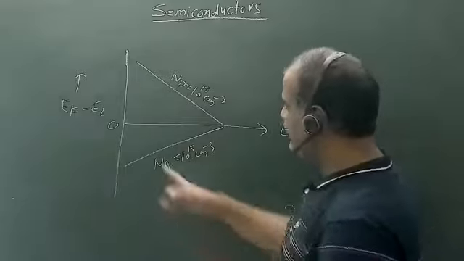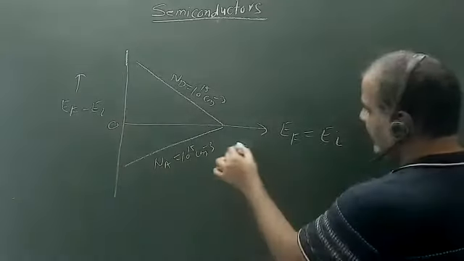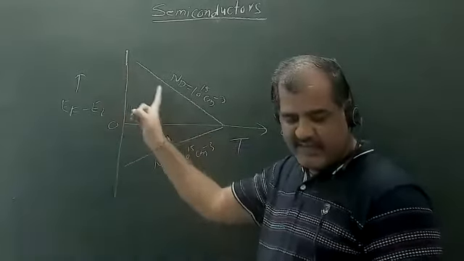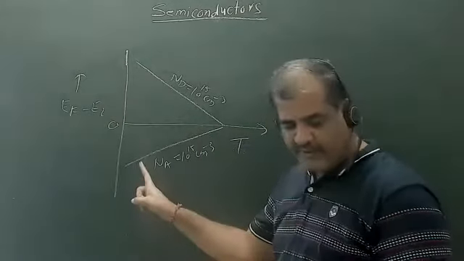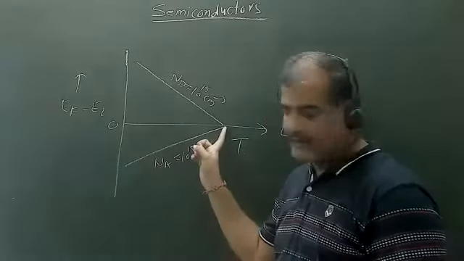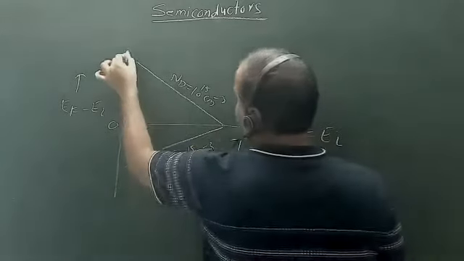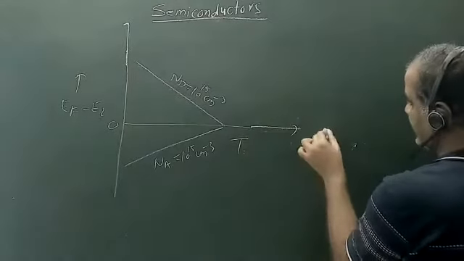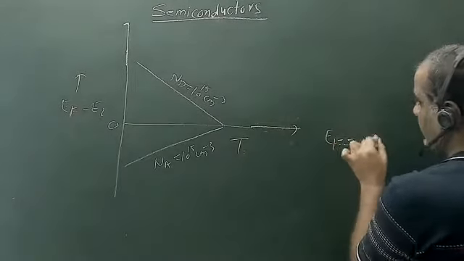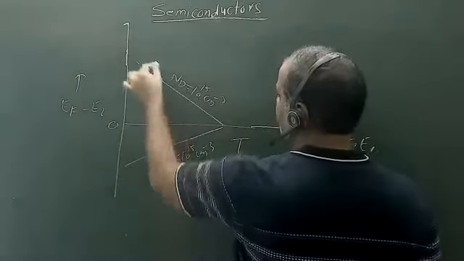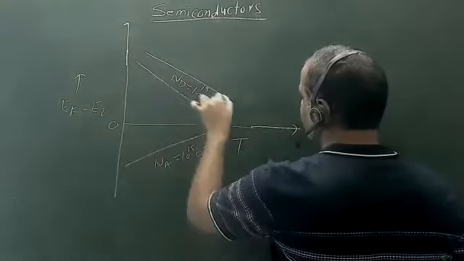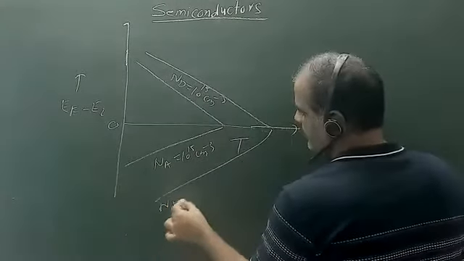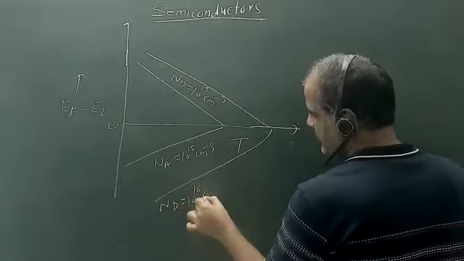So अगर intrinsic है, extrinsic है, and if any increasing temperature, तो n टाइप का जो फर्मी लेवल है वो धीरे धीरे नीचे आएगा, और पी टाइप का जो फर्मी लेवल है वो धीरे धीरे ऊपर आएगा, ओके। सो सपोज इफ आई इंक्रीज द कंसंट्रेशन नाउ, तो कंसंट्रेशन ज्यादा होगी तो टेम्परेचर ज्यादा चाहिए, this is EF equal to EI, this is ND 10^15, suppose it is 16, okay, then you need more temperature.